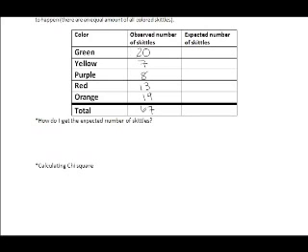Now, how do I get the expected number of Skittles? Well, if I expect the equal amounts for all colors, then that means if there's 67 Skittles and there's 5 colors, the 67 Skittles should be divided equally into 5 different colors.